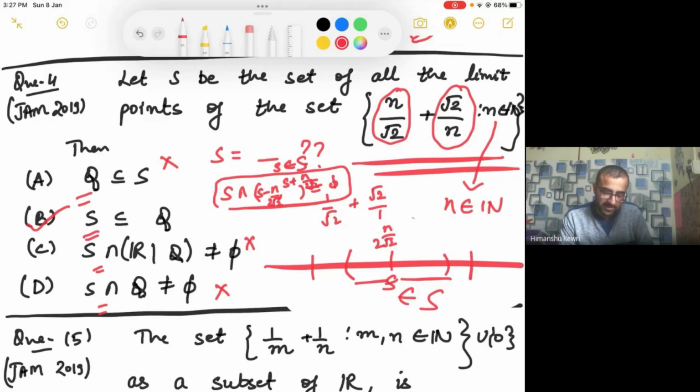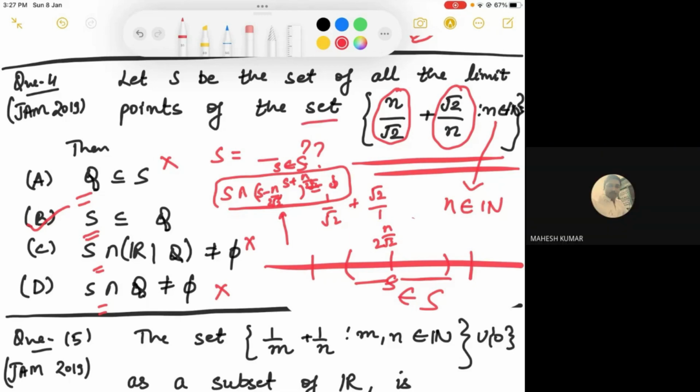So for this interval, the intersection of any 2 points will be an empty intersection. So is this question number 4 clear to everyone? Yes, sir.